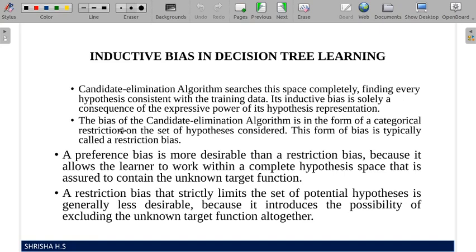Then we compared the inductive biases of the candidate elimination algorithm and the ID3 algorithm, and we gave a judgment on which is good and which is bad. If in the examination you get a question, explain the inductive bias of ID3, then write about ID3's inductive bias, give a comparison with the candidate elimination algorithm, and then say which is good. So that's about inductive bias.